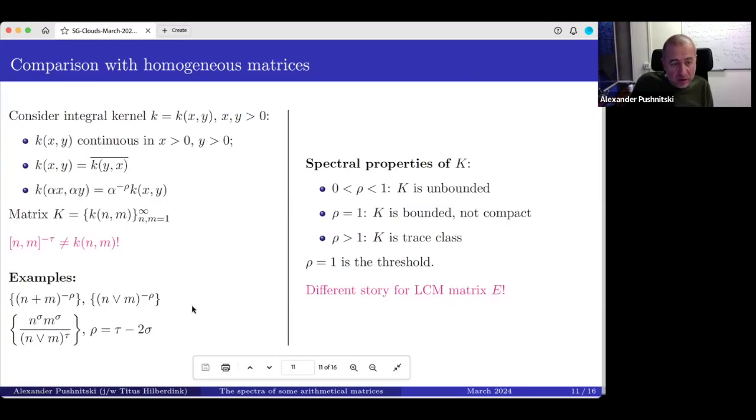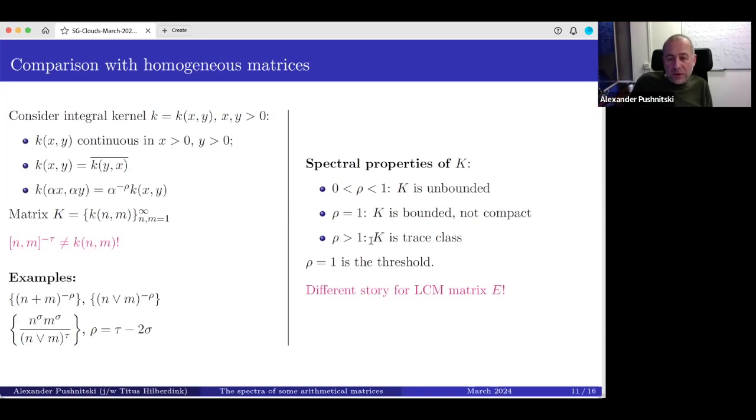Now if we look at the spectral properties of such matrices, of this whole class, you see the following picture. If rho is between 0 and 1, this matrix is unbounded. If rho is 1, it's bounded but not compact, and the study of its continuous spectrum is an interesting problem.